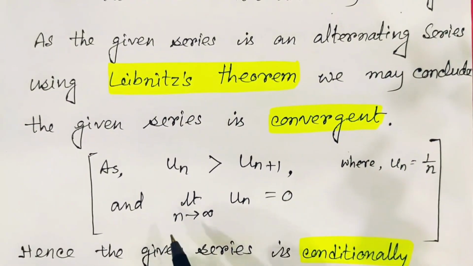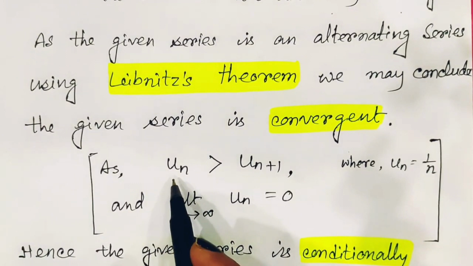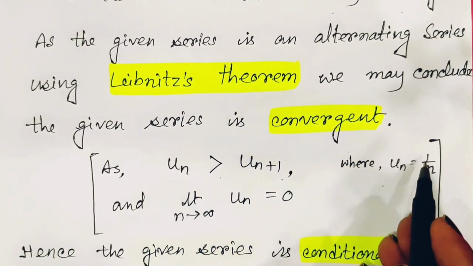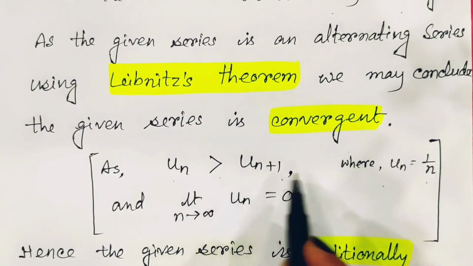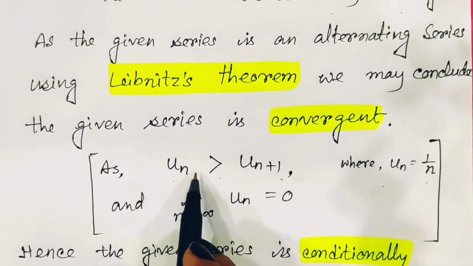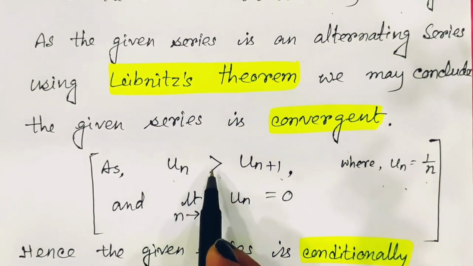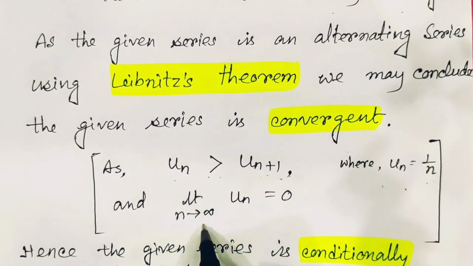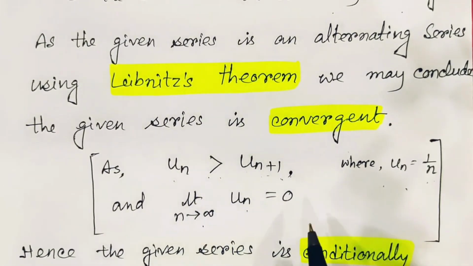For the Leibniz test, at first we verify whether u_n is greater than u_(n+1). Here our u_n is 1 upon n, so u_(n+1) is 1 by n plus 1, from where we can say that u_n is definitely greater than u_(n+1). When we take the limit as n tends to infinity of u_n, this value is 0.